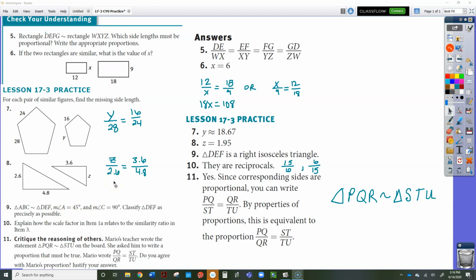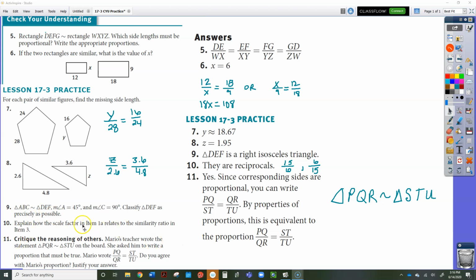So that means it's an isosceles right triangle, because the angle measures are congruent in similar figures. So F will be a 90-degree angle, and D will be a 45-degree angle, and E will be a 45-degree angle.